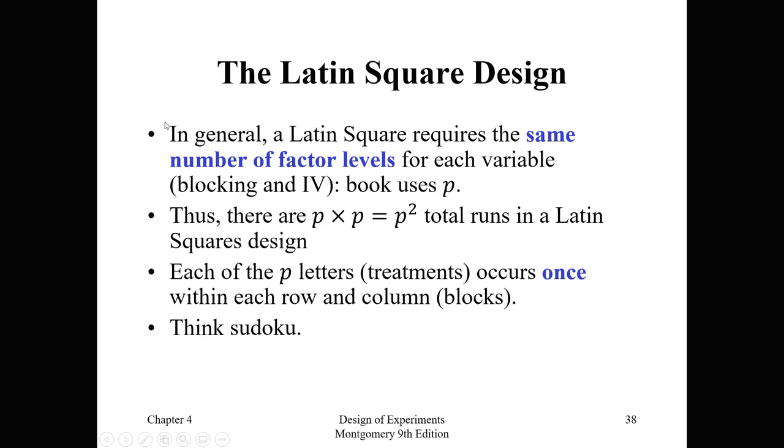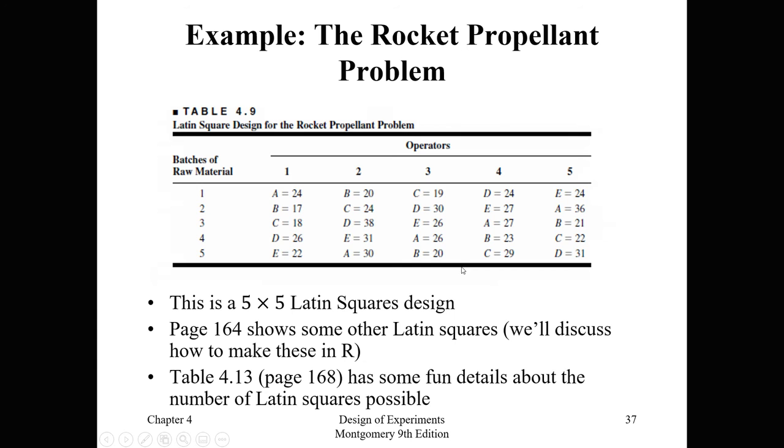Now note that in that previous design that comes out of the blocks, there are also going to be P letters, treatments. And we also assume that each of the letters occurs only once within each row and column. So if we look back here, A, B, C, D, E, each of those letters only occurs once in the first column, and each of the letters only occurs once in the first row.